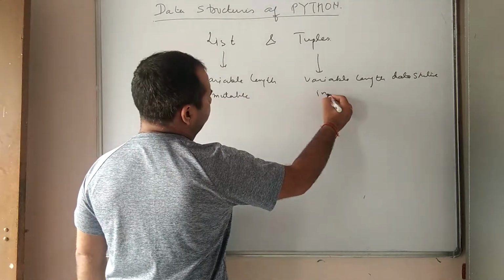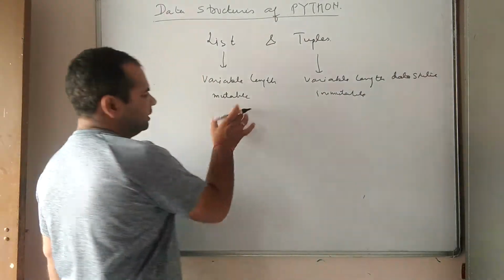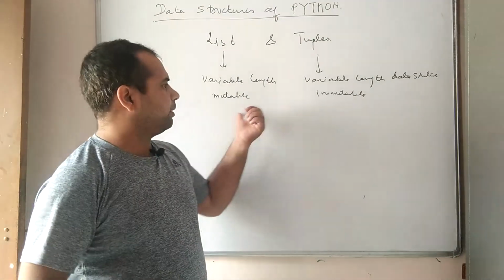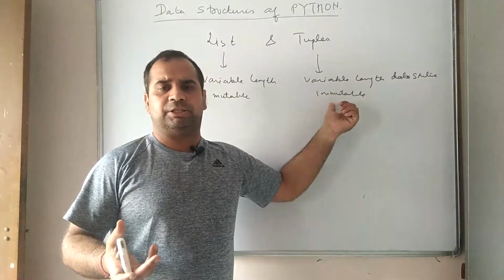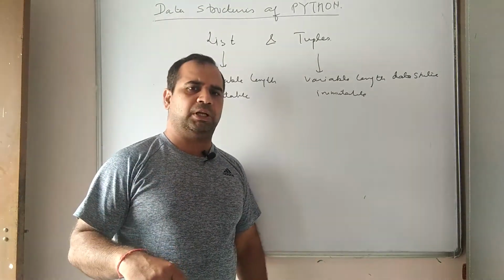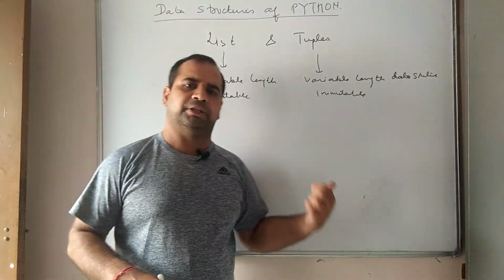A tuple is immutable. That means we can change the data content in the list, but in the tuple we cannot change the data. The data is fixed, the pattern is fixed, right? So firstly we will consider list, and then in the next lecture we will consider tuples.